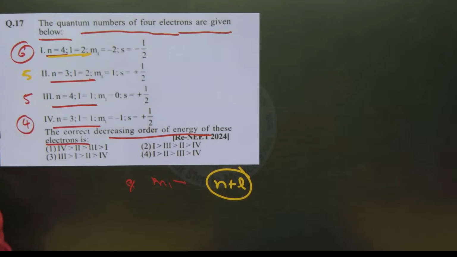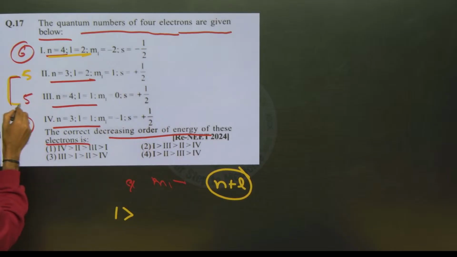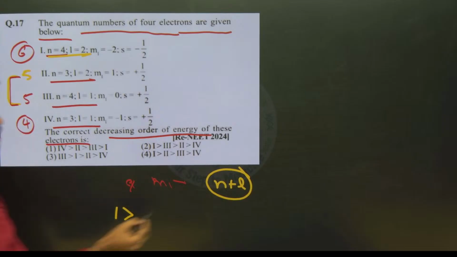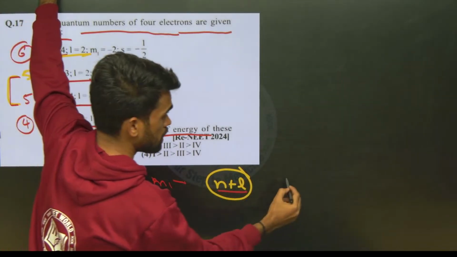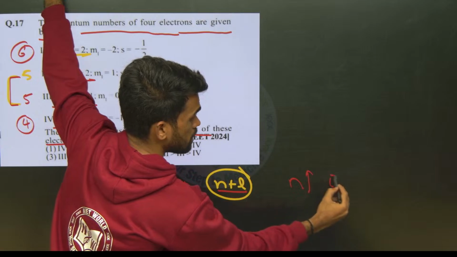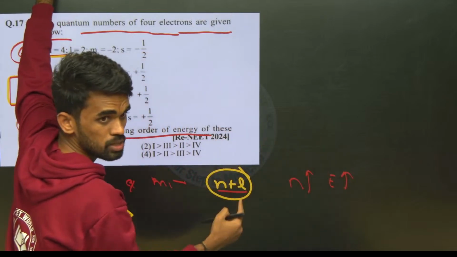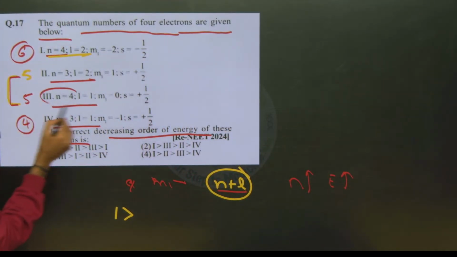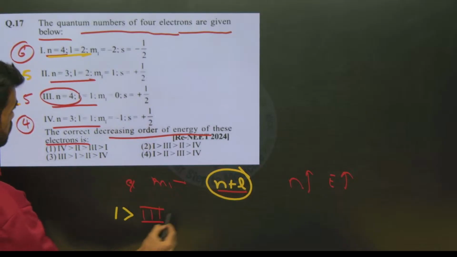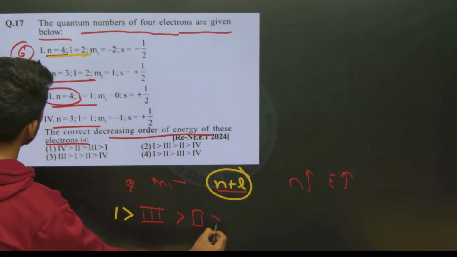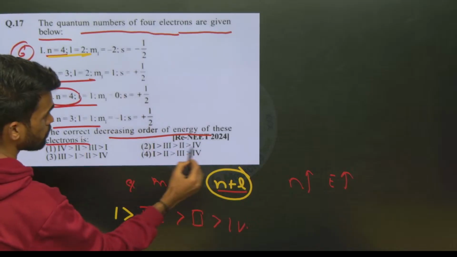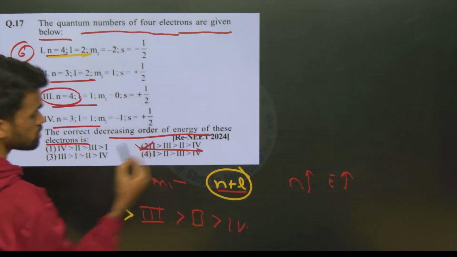So which has the greater n plus l? The first one. After that, these two have the same n plus l. So what to consider here? The n value. If n plus l values are the same, the greater the n value, the greater the energy. These are the 2 steps. So this one, then 1, 3, 2, 4. We have now 1, 3, 2, 4. So the second option will be your answer.